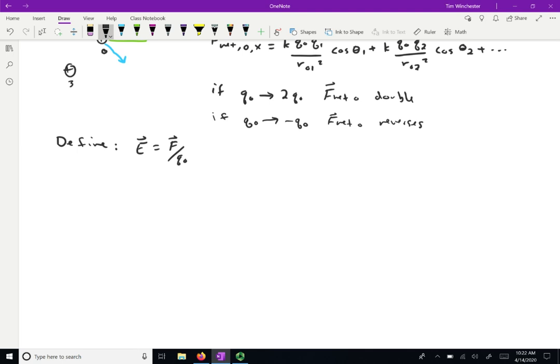Okay, so what's nice about this? Well, if I know the electric field, then I can use this equation backwards, and I can find the electric force by taking the charge times the electric field. Okay, so I'm basically separating the effect of charge 0 from the effect of all the other charges. Okay, so E here is called the electric field.